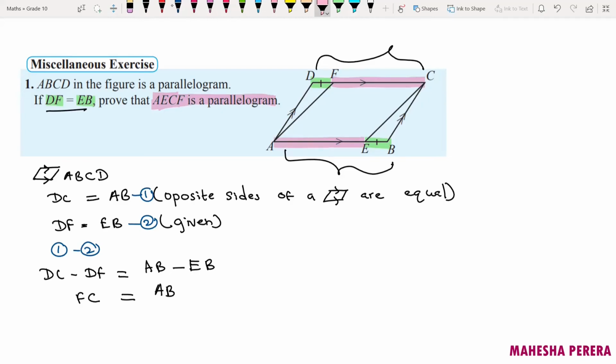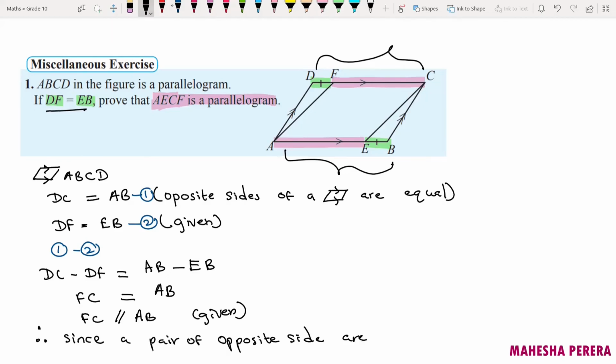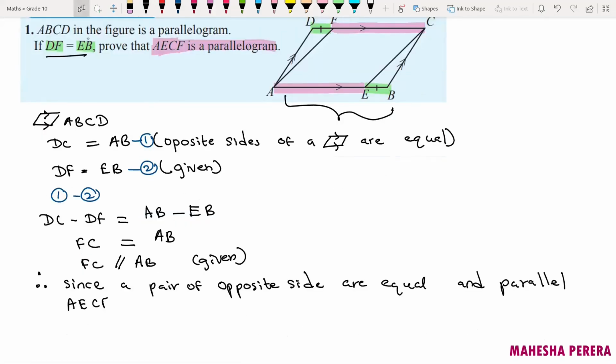Right, now it's given that these two sides are parallel. So obviously, this has to be a parallelogram because there is a pair of opposite sides which are equal and parallel. So you can write like this. FC is parallel to AE, and since a pair of opposite sides are equal and parallel, AECF is a parallelogram, right? Easy one.